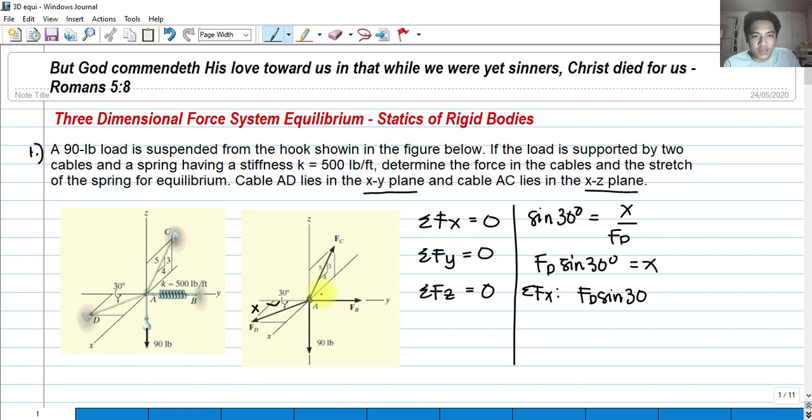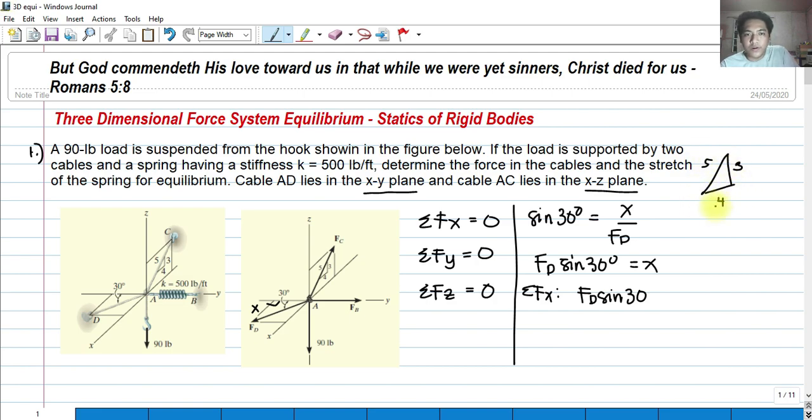That's cosine. So if we get the cosine theta, that would be automatically equal to 4 over 5. If you did not get what I'm trying to say, we have this figure wherein this is our 5, this is our 4, and this is our 3.